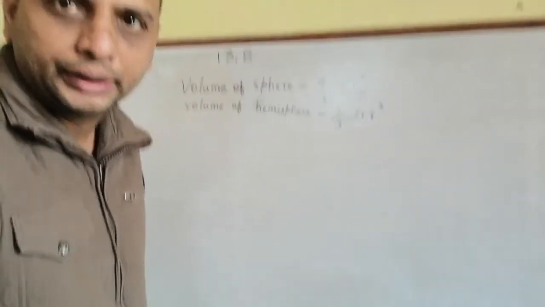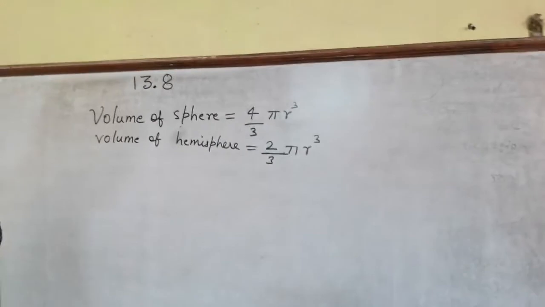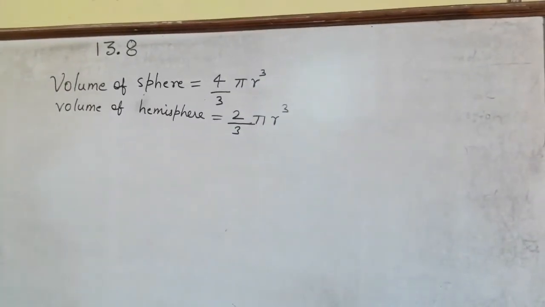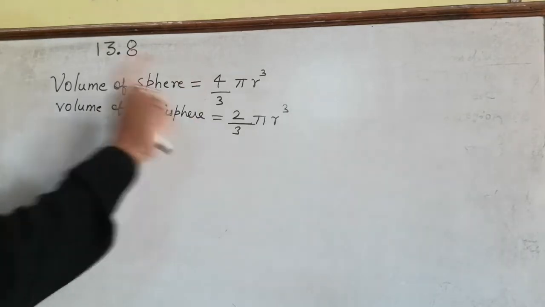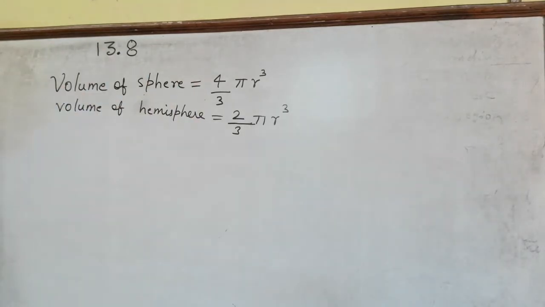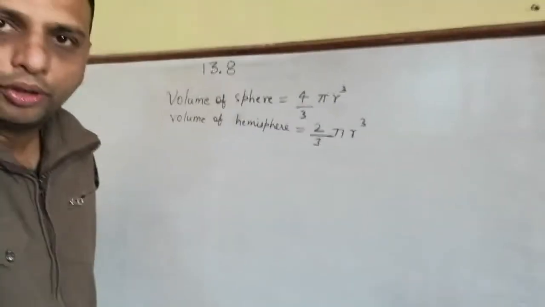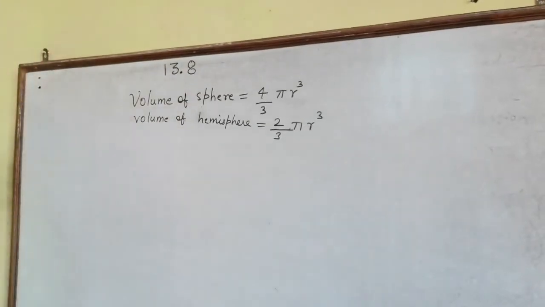Now the first question says, as you can see on the board, we have to find the volume of the sphere and the radius is given as 7 centimeter. The first question is very simple. We can easily find the volume of the sphere by using this formula.